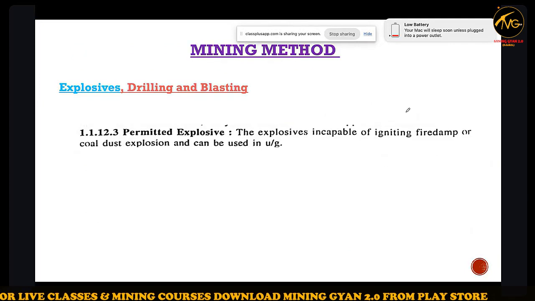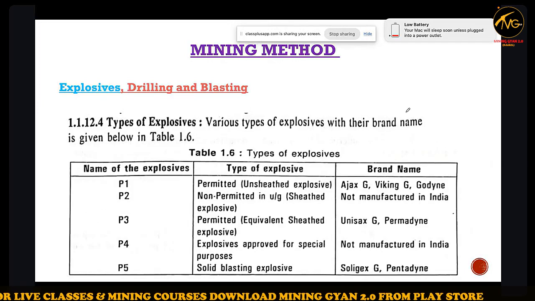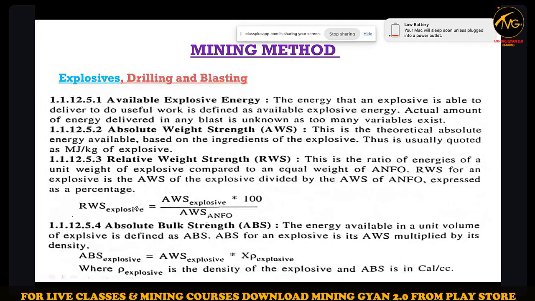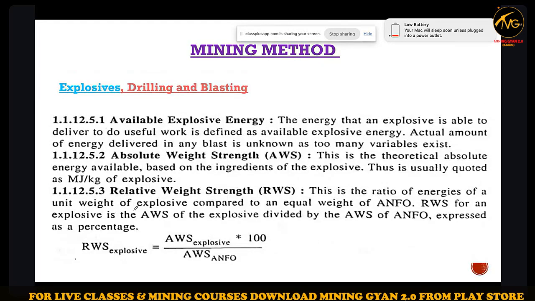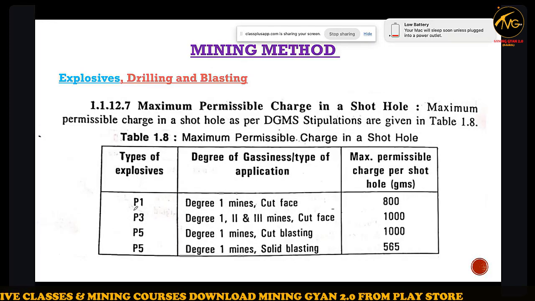Then we have discussed permitted explosive, types of explosive. Like we said, P2 and P4 we don't use; P1, P3, P5. Then we have discussed powder factor, the explosive required to blast an area: the coal production divided by the explosive required.